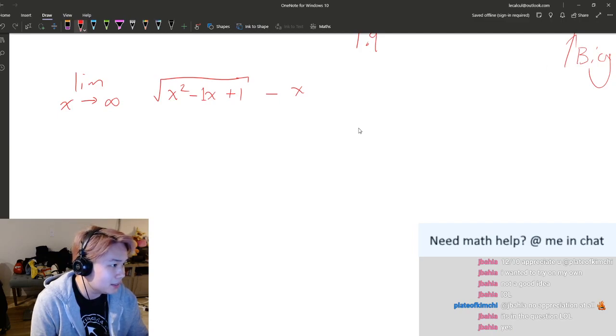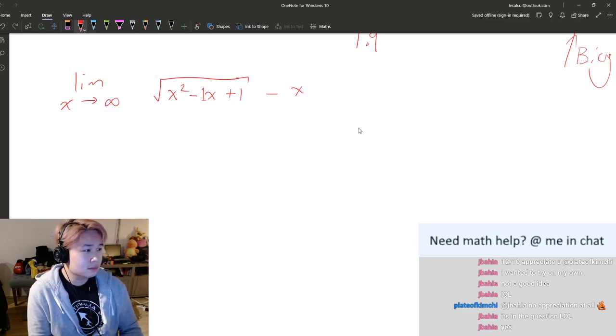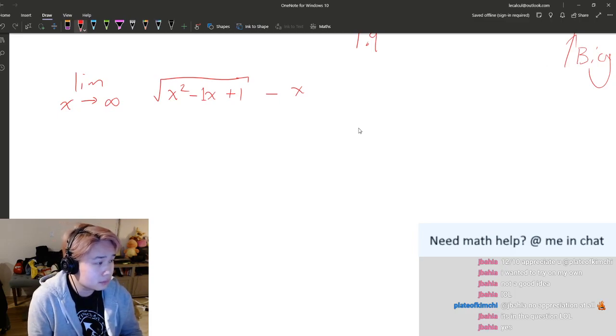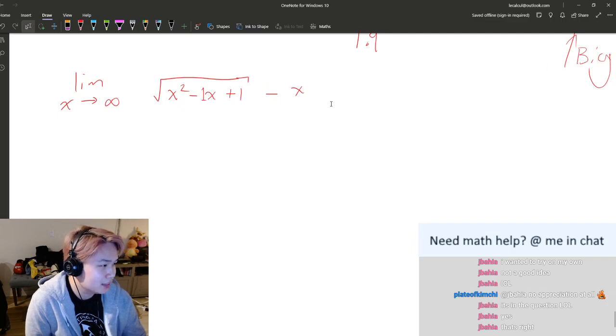I mean, I guess, sure. Okay, so the issue with this one is, of course, we have an infinite limit, and then you can't just plug it in, and even if you did, you get some weird infinity minus an infinity, which makes no sense. So what have you tried?